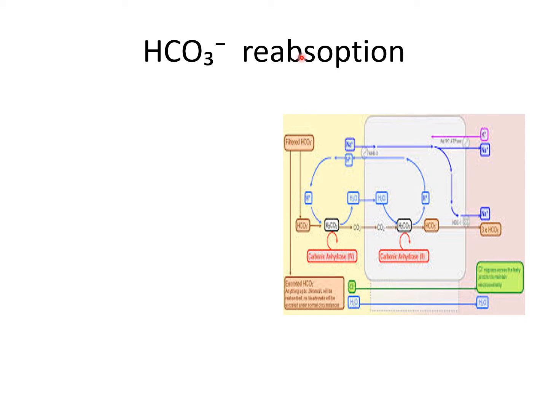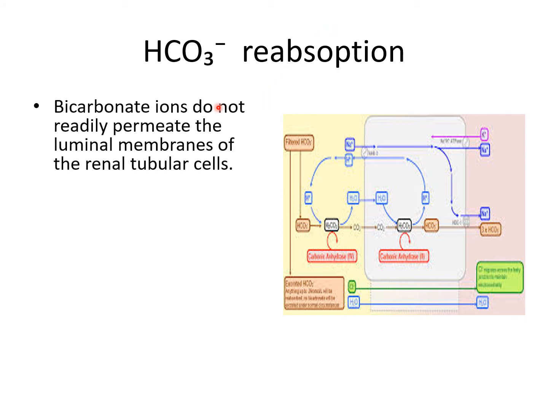Now, bicarbonate reabsorption. One important thing is that bicarbonate ions which are filtered from the plasma by the glomerular membrane do not readily permeate the luminal membrane of the tubular cells. So they cannot transfer through this tubular membrane and cannot enter the tubular cells.